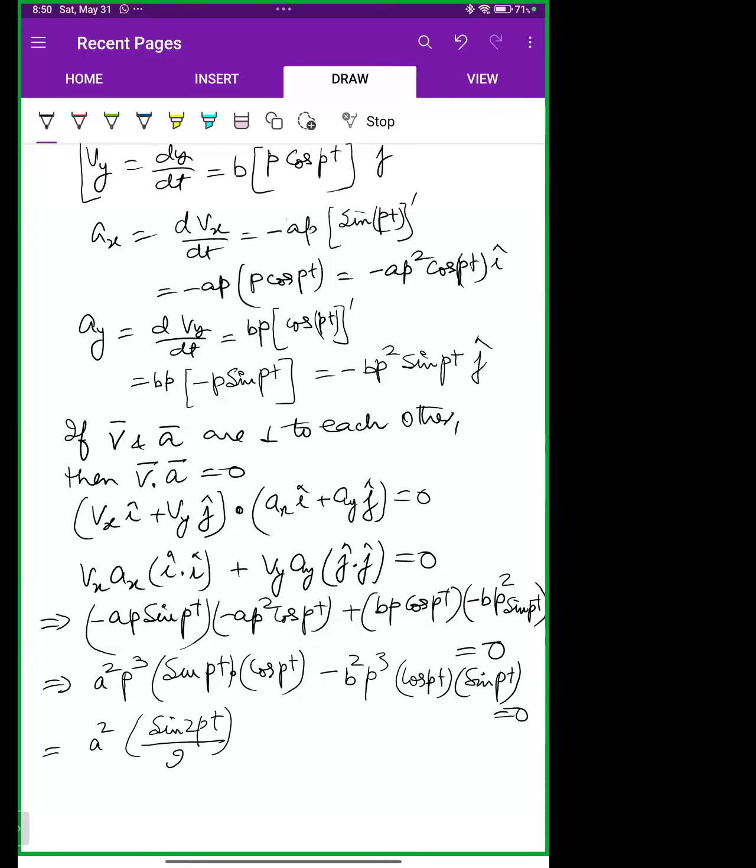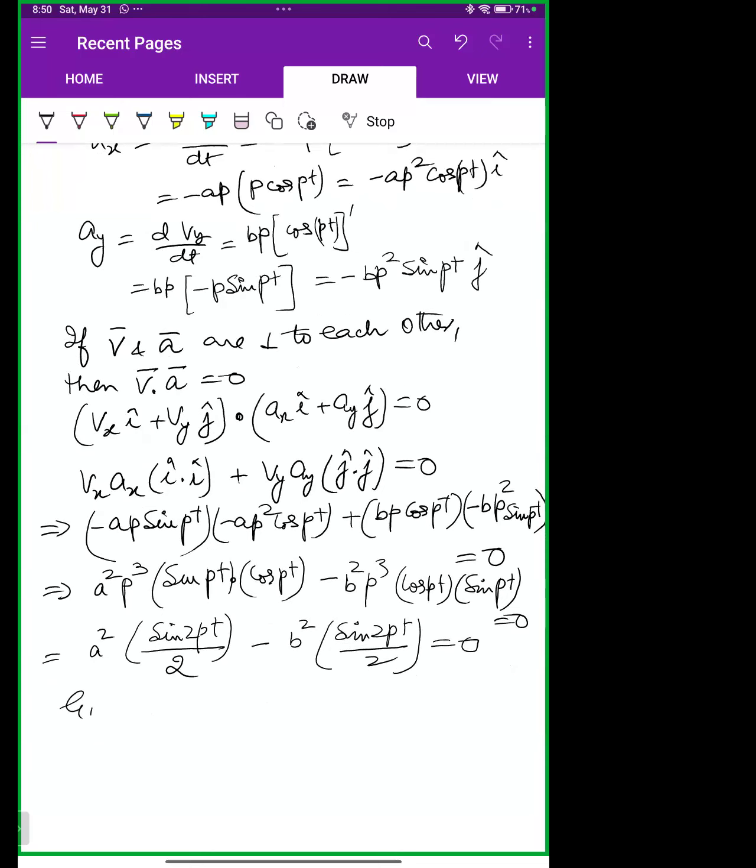Is that clear to everyone? Minus B square sin 2 PT upon 2 is equal to 0.